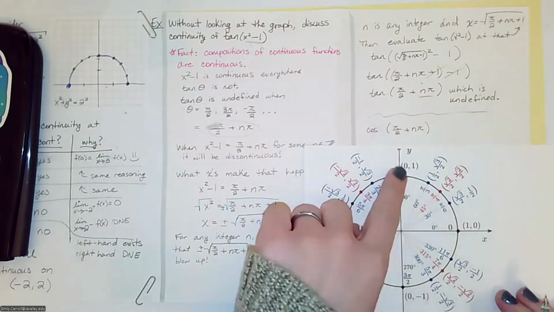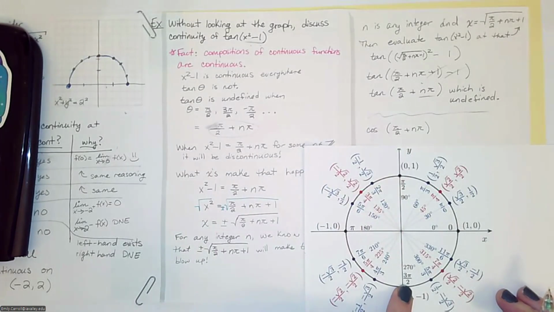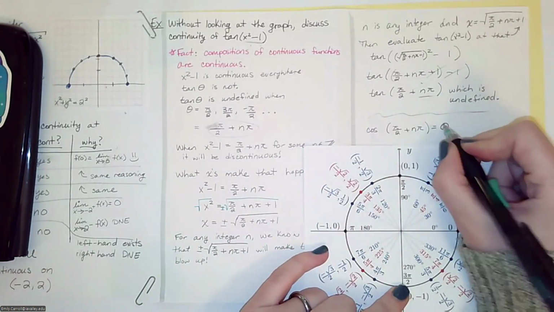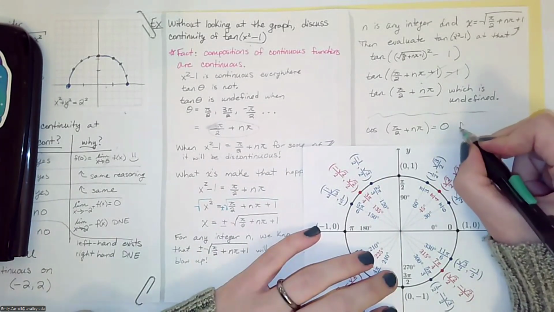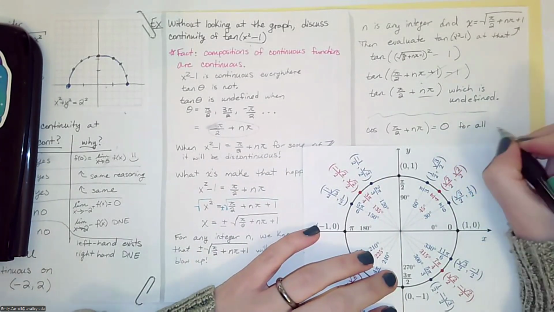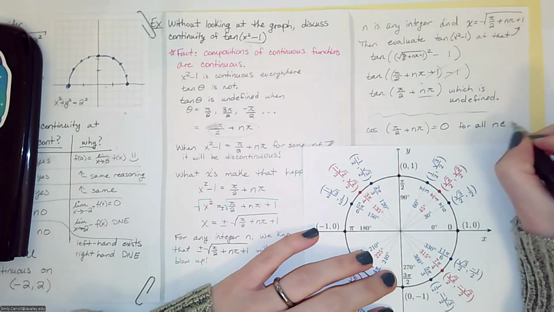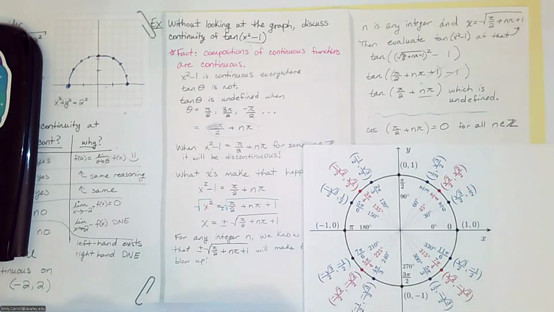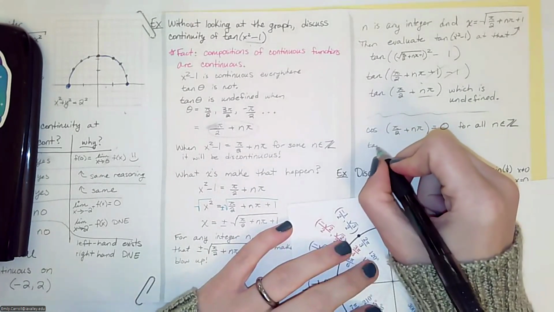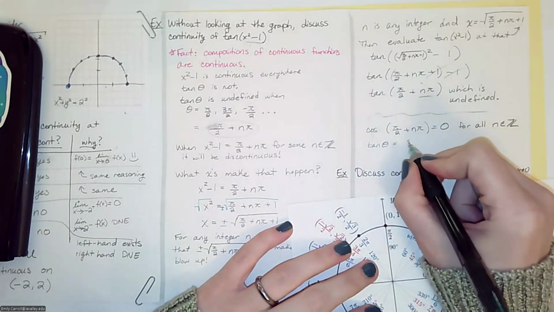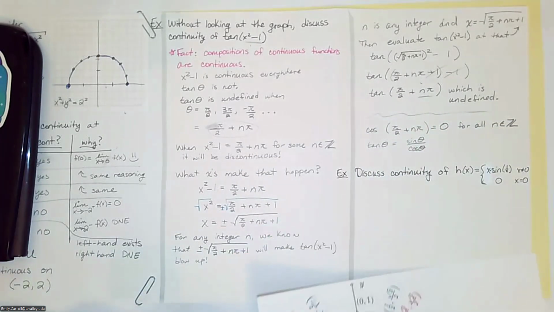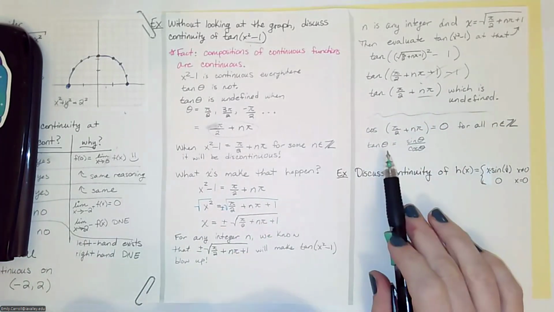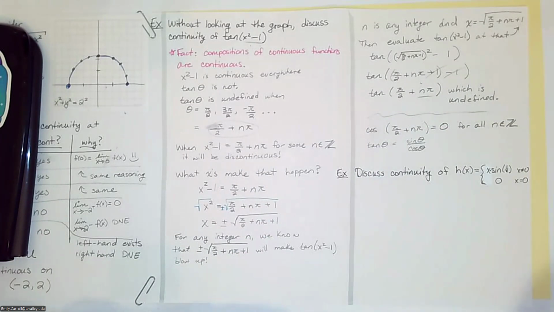Add another pi, you get to 0. Add another pi, you get to 0. So cosine of pi over 2 plus n pi equals 0 for all integers n. Tangent is sine over cosine, right? So where cosine is 0, tangent blows up. Tangent is undefined. We don't like that.